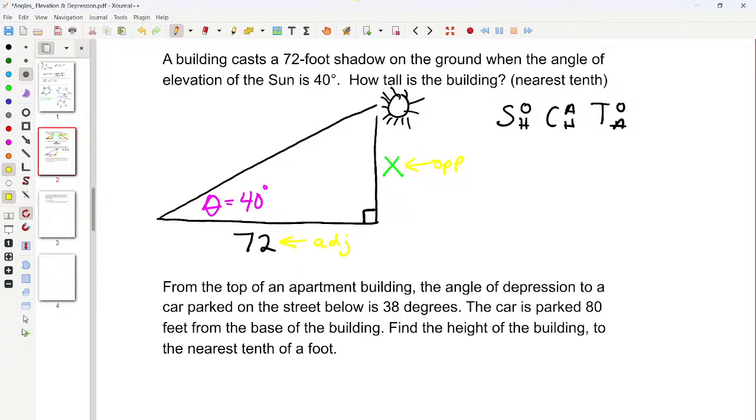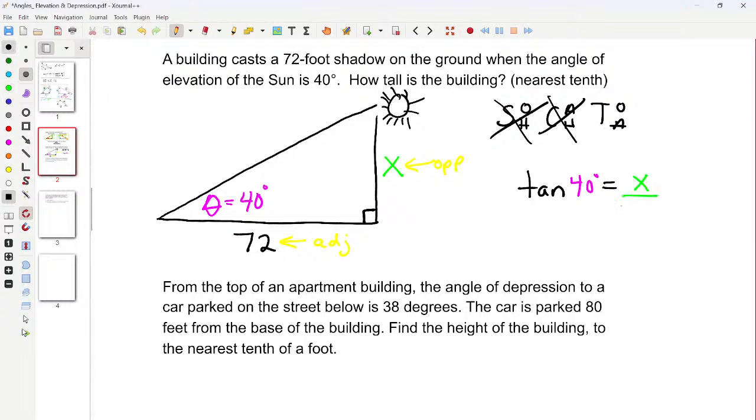So which ratio do I want to use? Well, the one that compares opposite and adjacent, since that's the information I have, known as the tangent. So we're going to say the tangent of 40 degrees is opposite over adjacent.